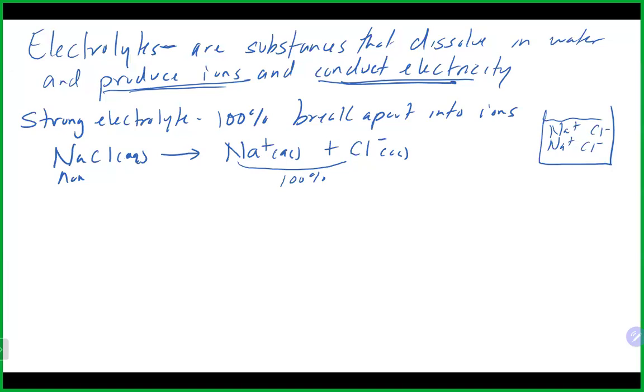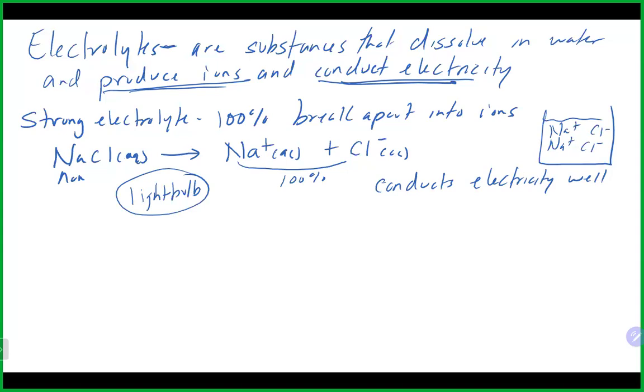And because there is just a lot of ions in that solution, this conducts electricity really well. So there's a light bulb type of experiment where you take a light bulb that's got some electrodes attached to it and you put it into different solutions.